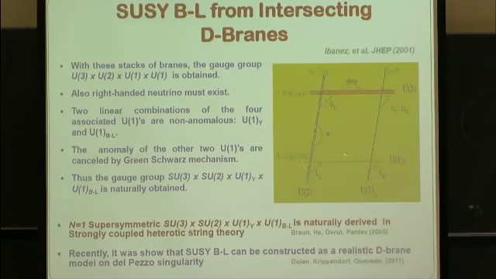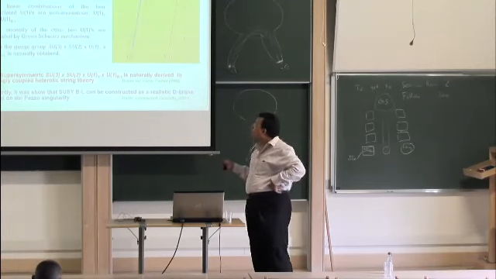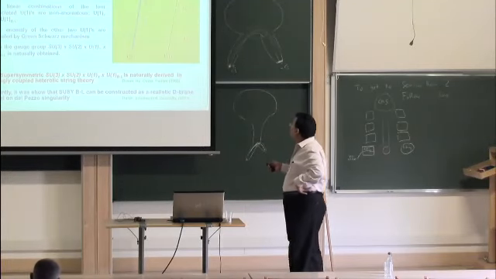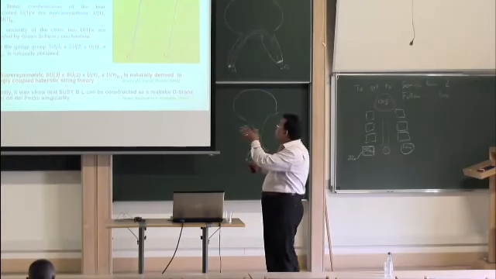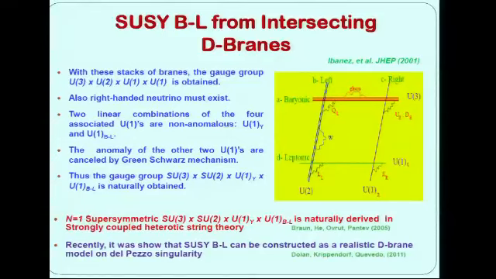In this type of construction of intersecting branes, usually you cannot get just the standard model, but you get the standard model cross U(1) B-L, because you have a stack of branes giving you U(3) and U(2) from another stack of branes cross U(1). Then you have 4 extra U(1)s, these 2 U(1)s plus 2 extra U(1)s here, because U(3) is isomorphic to SU(3) cross U(1).